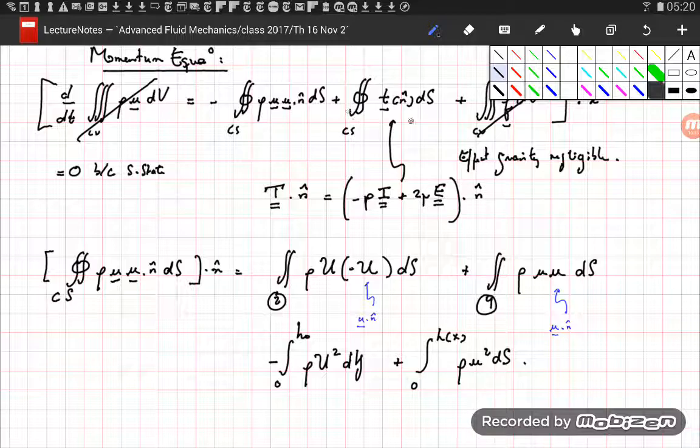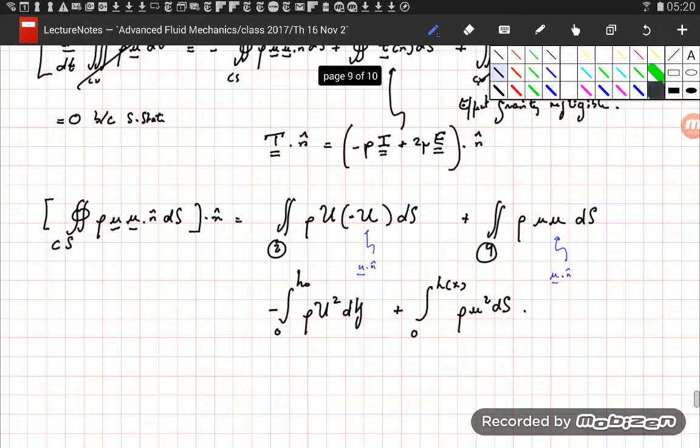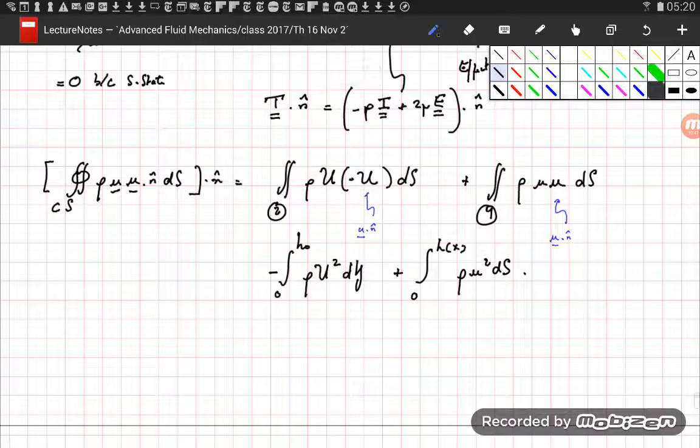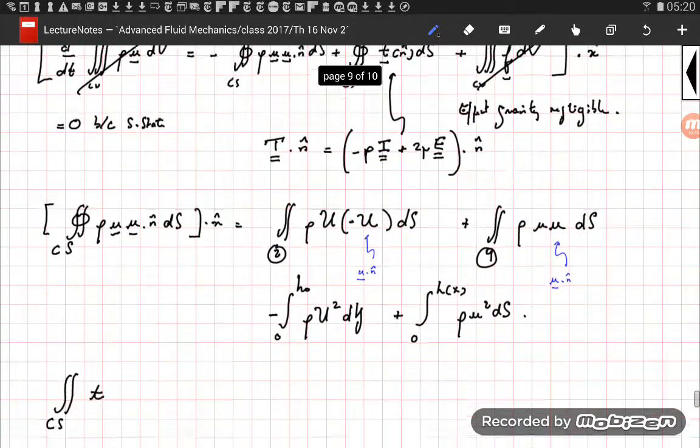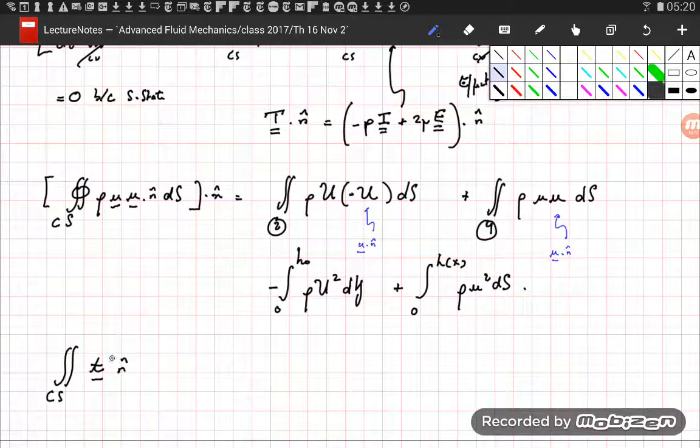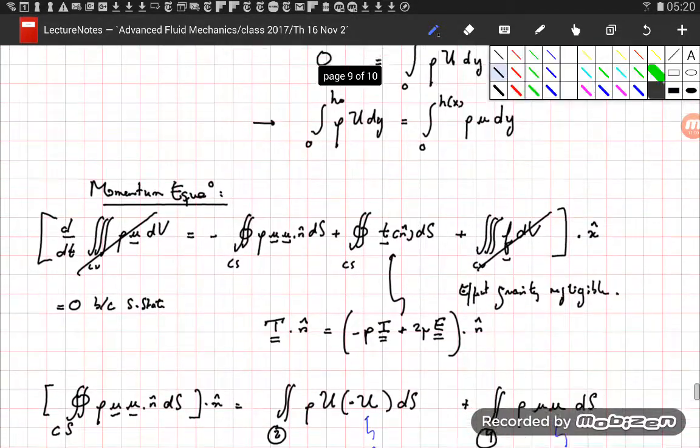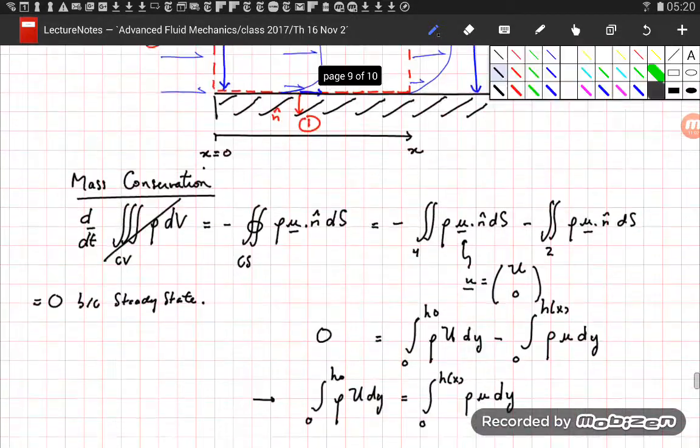And now let's take this term here, which is the sum or the resultant of all of the surface forces imposed onto my control volume. So it's the integral around the control surface of T n ds. Okay, and here we have to again look at all of our control surfaces.